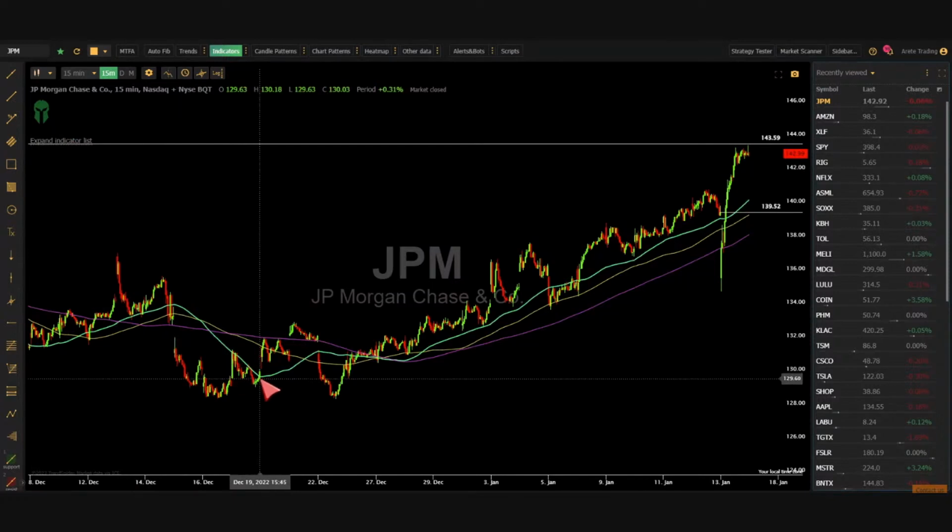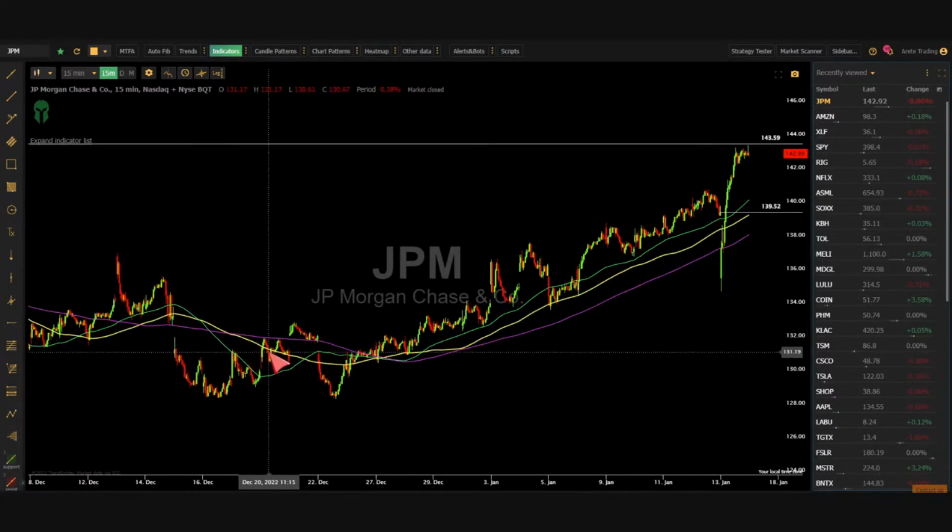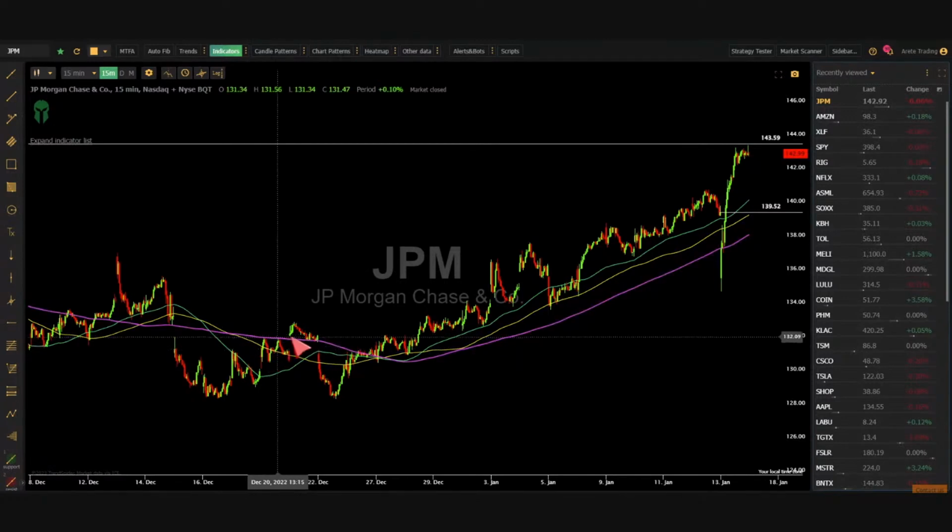That is going to be a 3-day simple moving average. That is a daily 3-day simple moving average. Your yellow line, okay, is going to be your 5-day moving average. I'll get into the equation in a moment. And then here is going to be your 8-day moving average.